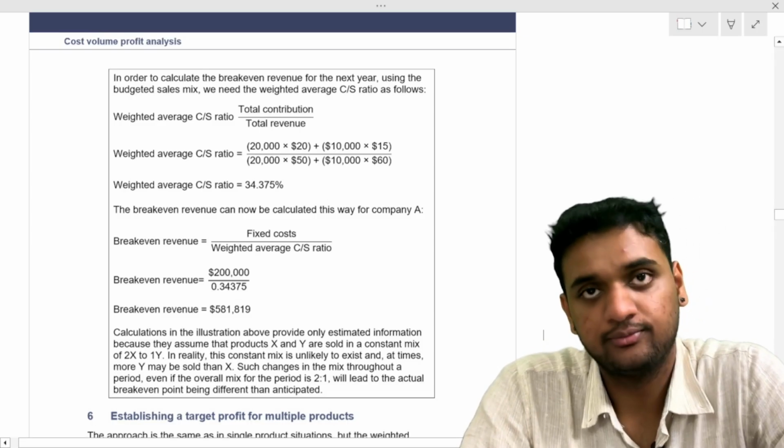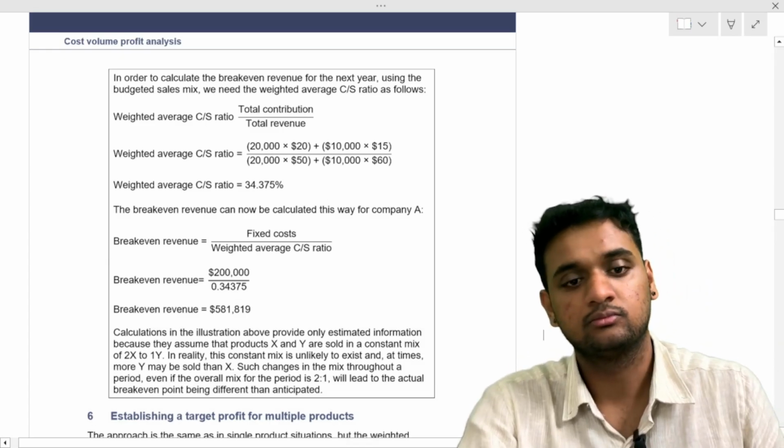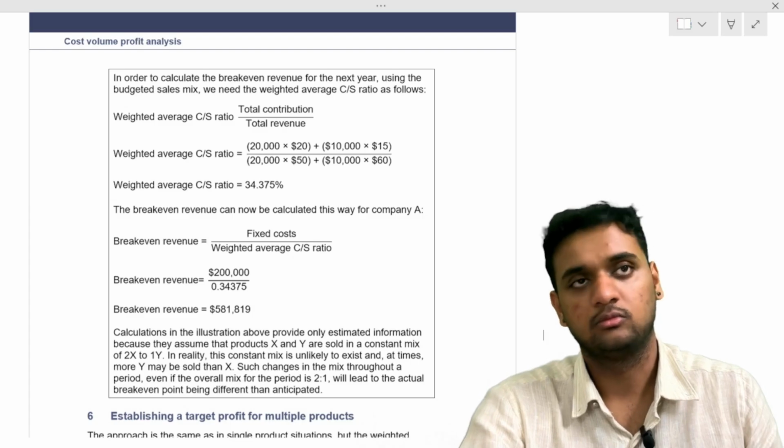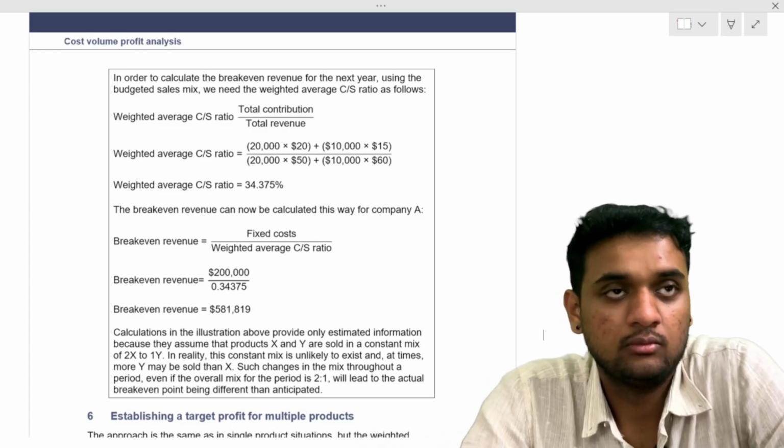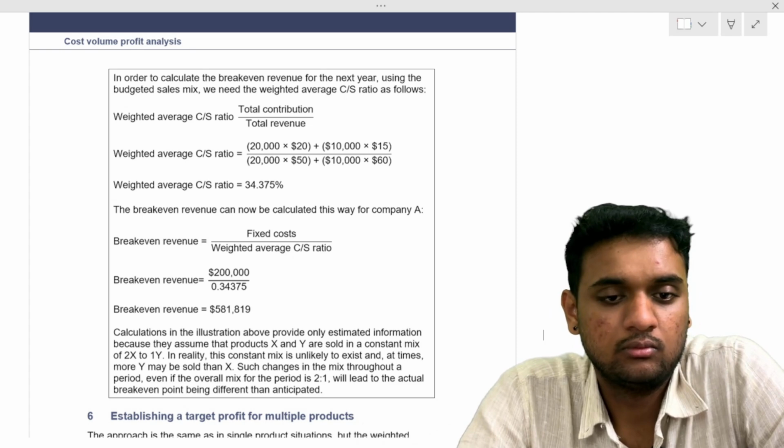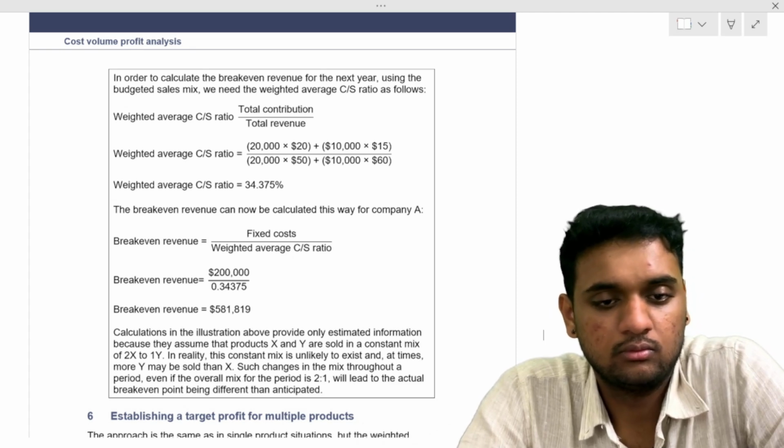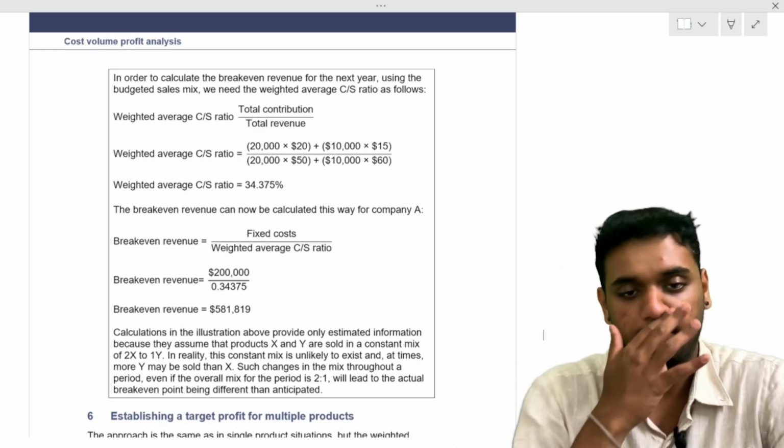All of you got the answer? Hmm. And for break-even value, 2 lakhs divided by 34.375 into 100. Correct.